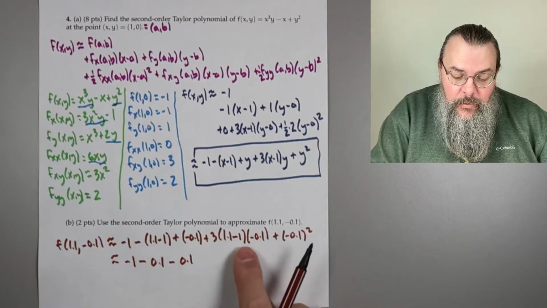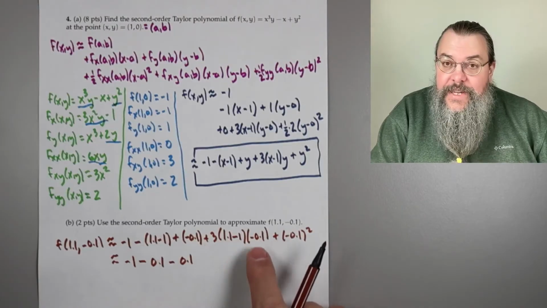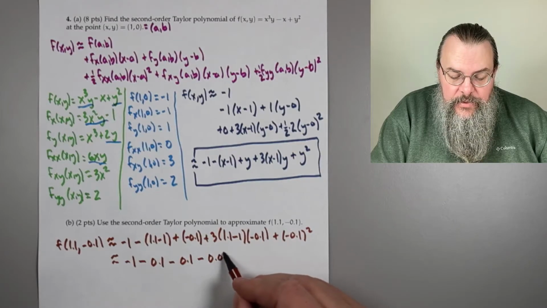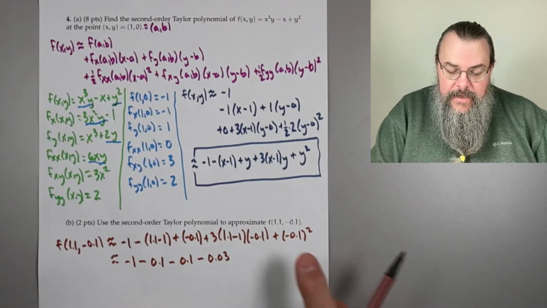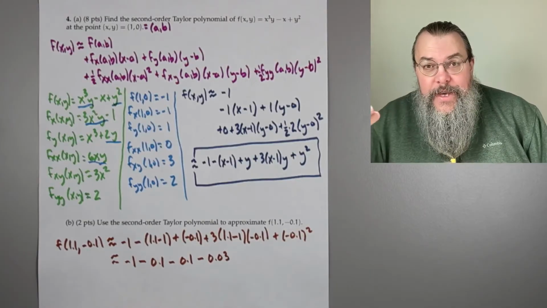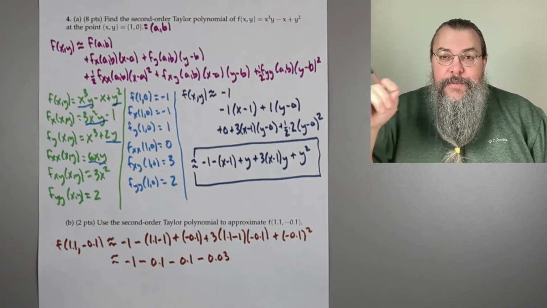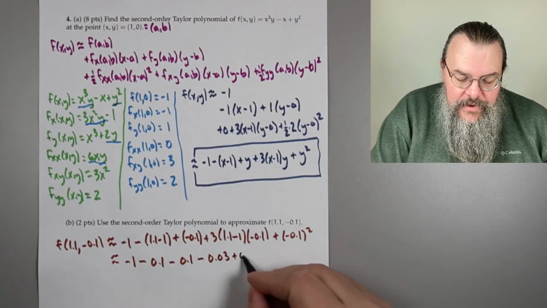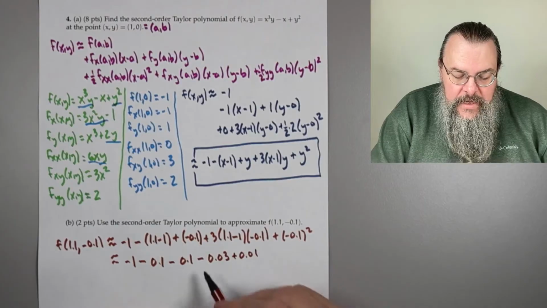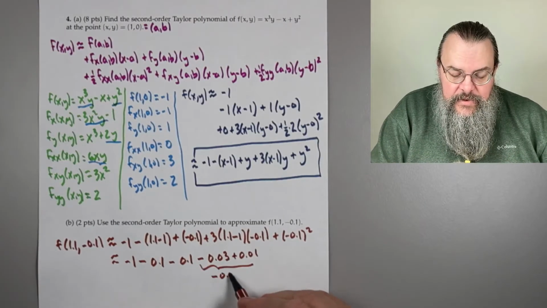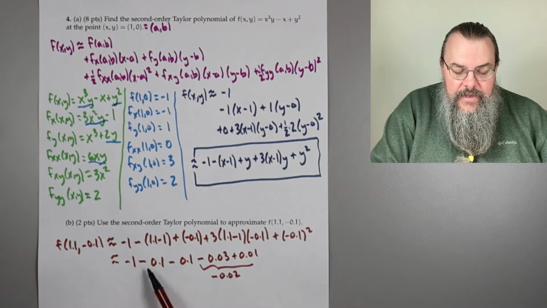And now check the sign, positive, positive, negative, so it's subtract 0.03. Then we're going to add negative 0.1 squared. Well, the negative will go away because you squared it. 0.1 times 0.1 is 0.01, so plus 0.01.